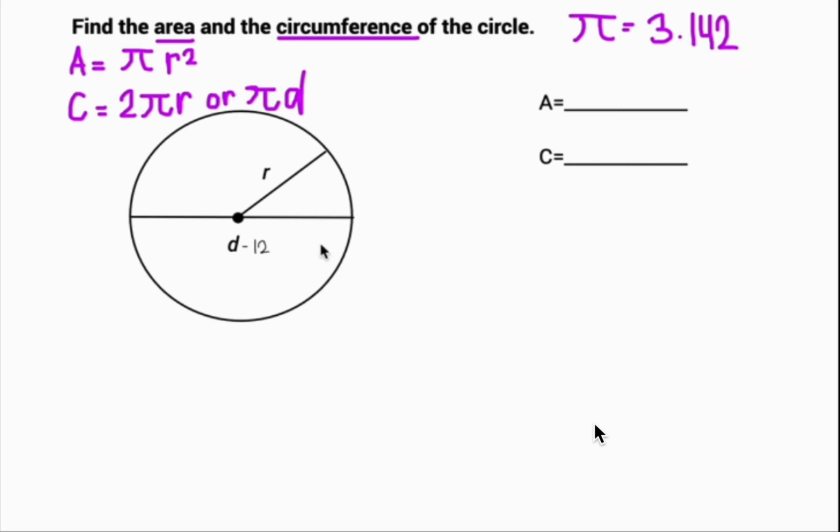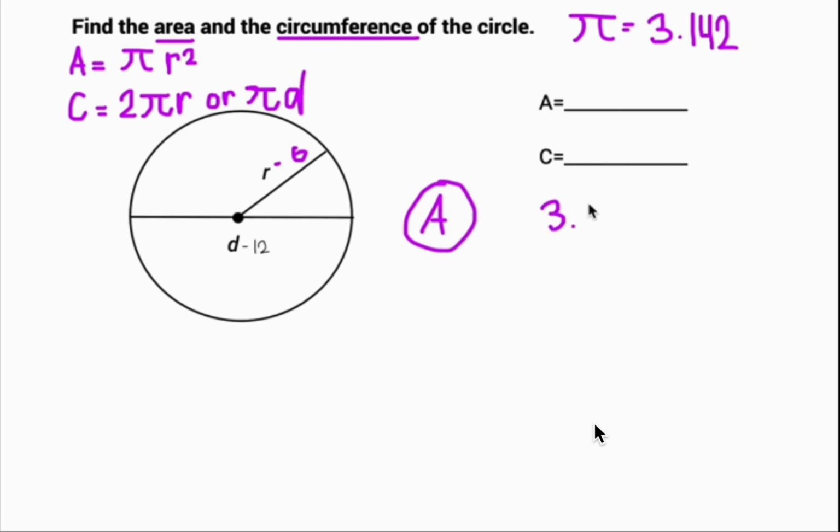Now let us move on to start with the area. We don't know the measurement of the radius, but since it is half of the diameter, and the measurement of the diameter is given, half of that would be 6. We need to square that, so 6 times 6 is 36.